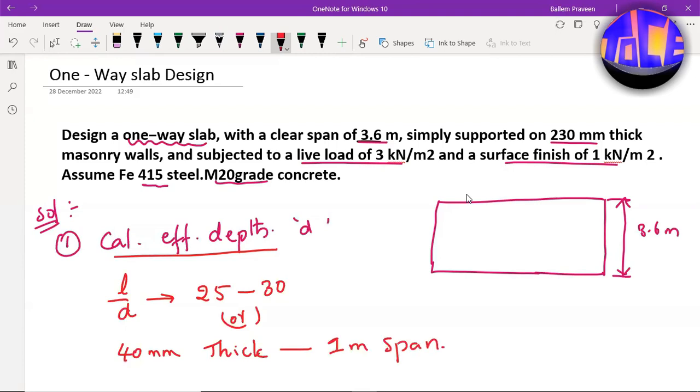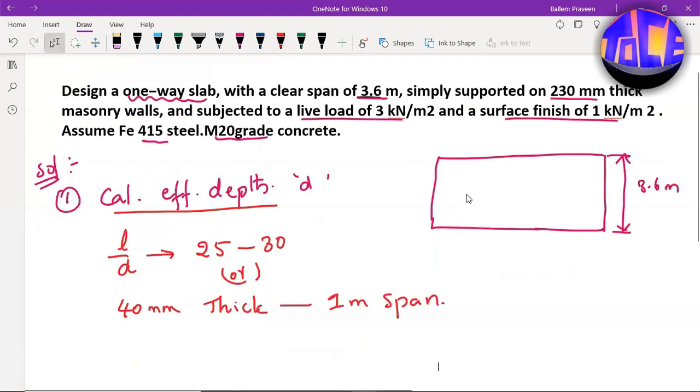These are the two cases you can consider to find the effective depth or overall depth of the section. It is just an assumption. After that we'll check whether the provided effective depth is sufficient with respect to the bending moment, right?